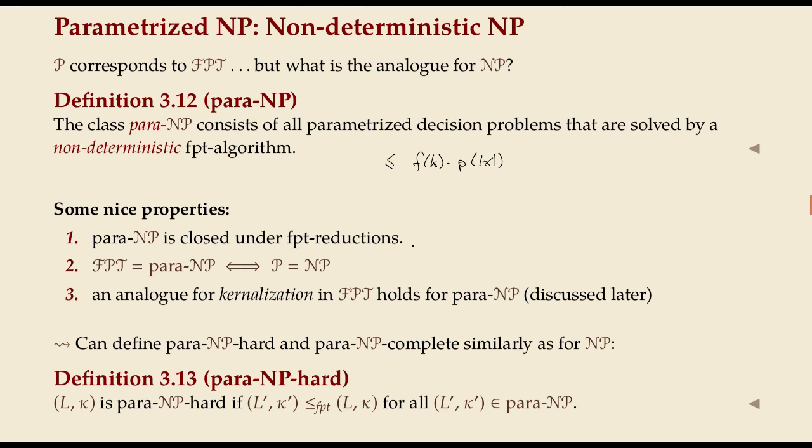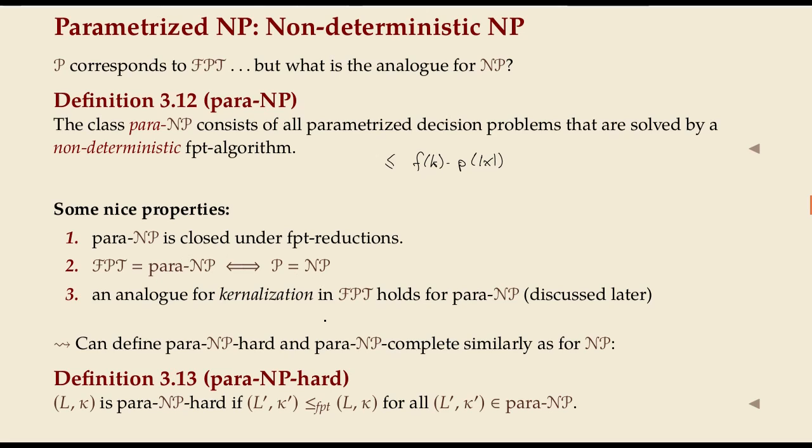And this means that we can sensibly talk of para-NP hard problems and para-NP complete problems. Finally, also the big question P equals NP is exactly equivalent to the question, is FPT the same as para-NP? So in that sense, we found a nice equivalent of NP.